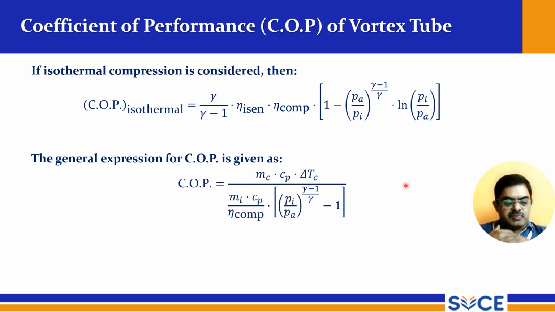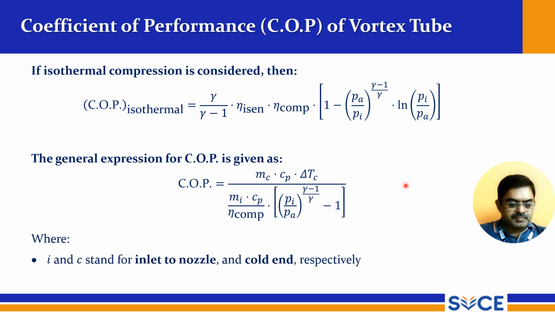So COP is equal to mc into Cp into delta Tc, divided by mi into Cp divided by the compressor efficiency into (Pi by Pa) to the power (gamma minus 1) divided by gamma, minus 1. This is the expression for COP, where i and c stand for inlet to nozzle and cold end respectively.